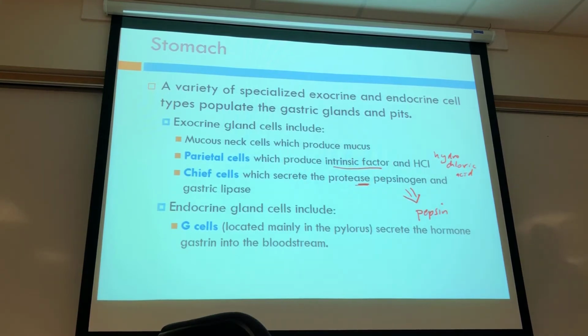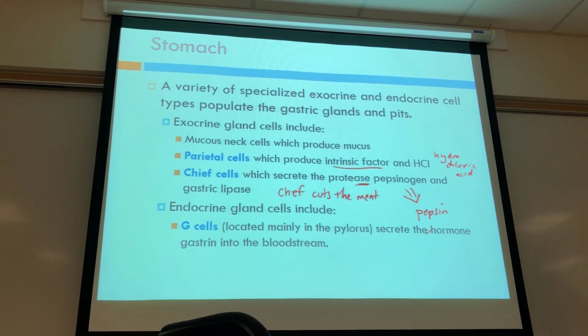Same thing here. One way of remembering that chief cells produce the protein enzyme pepsinogen is something that's taught in med school: chief cells looks like chef cells, and chef cuts the meat.